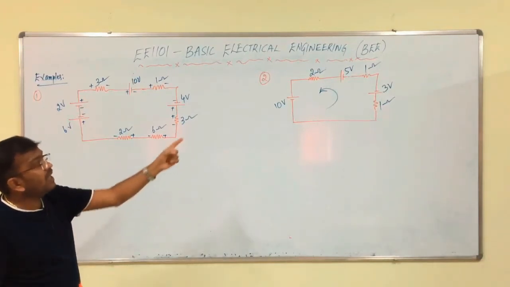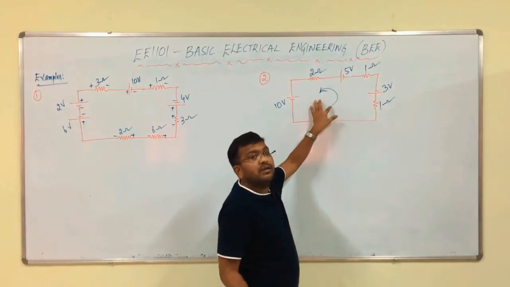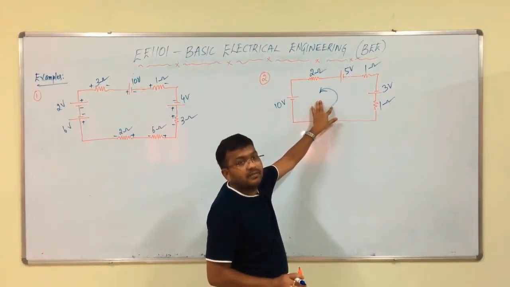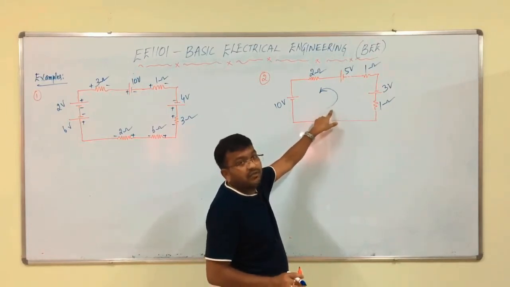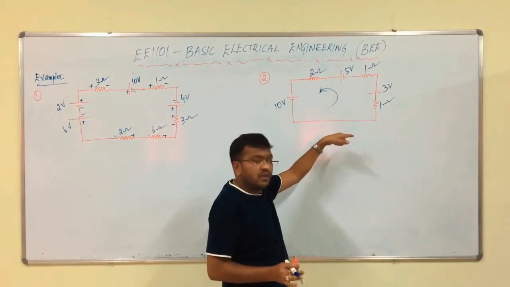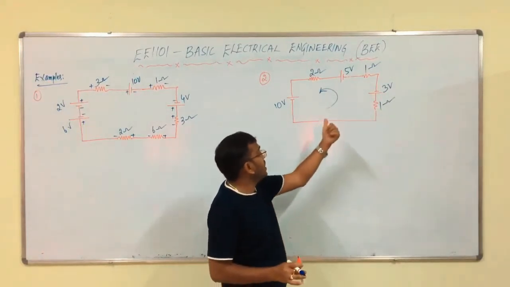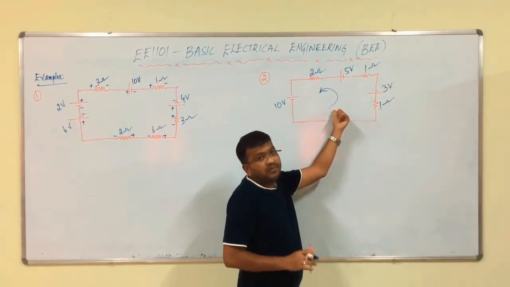If he mentioned a direction, go with the mentioned direction by default. Of course, if the given direction is anti-clockwise and you go with clockwise, obviously you get the same correct answer, there is no problem in that. But if he mentioned it, by this convention only you have to solve the problem.